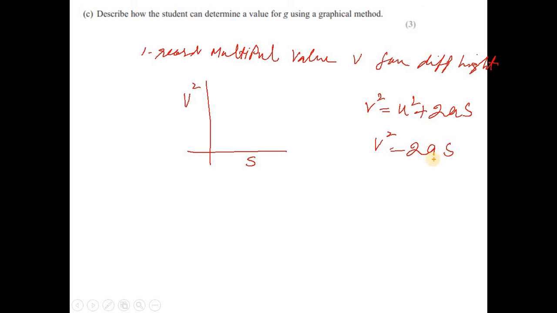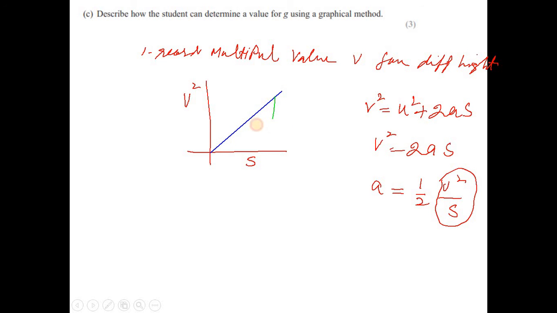And if you need to find the acceleration, the acceleration is half of v squared upon s, and this v squared upon s you can get as the gradient of the v squared versus s graph. That's why we are plotting the v squared against s graph, and from that you will get a straight line, something like that.